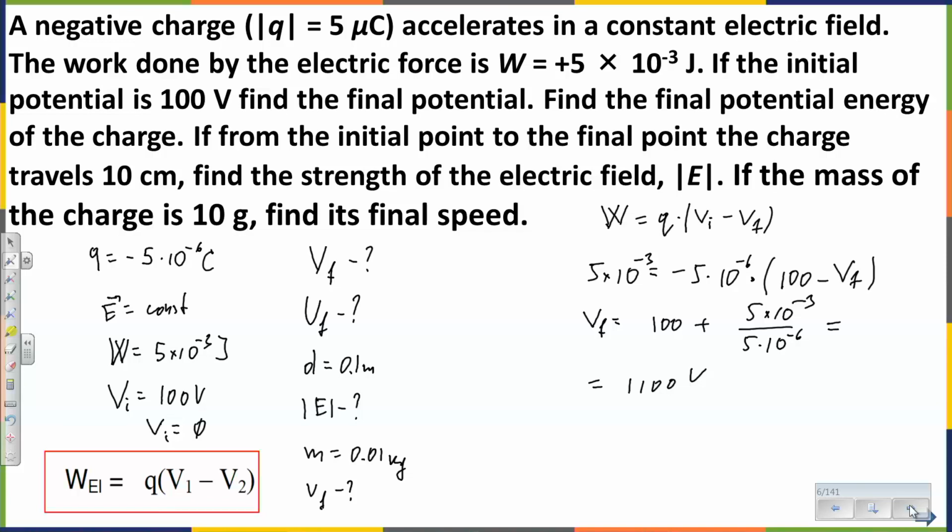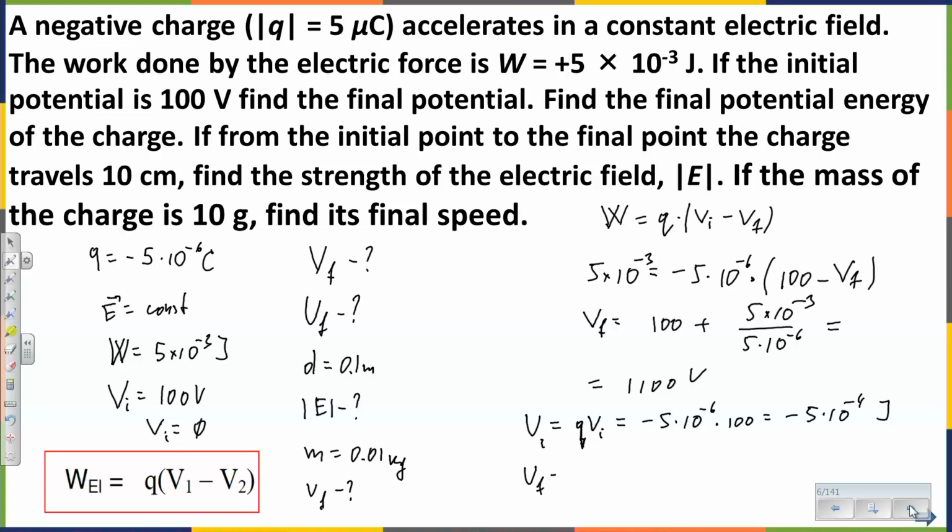Now, potential energy. A straightforward definition tells us how to calculate potential energy. The initial or final doesn't matter. Let's do both. The charge is the same. That's the initial potential energy: negative 5 times 10 to the negative 6 times initial potential, which was 100. So negative 5 times 10 to the negative 4 joules.